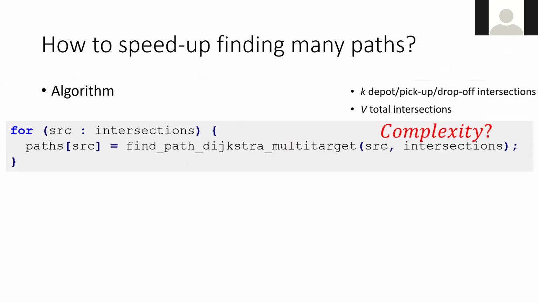So we use an improved algorithm. Instead of doing A stars from all of the sources to destinations, we do multi-target Dijkstra. So Dijkstra, not A star. In theory, finding the path from the source to all of the targets takes the same time as finding the path from the source to one target. If you don't know Dijkstra, I can go over it afterwards, but just take this for granted.